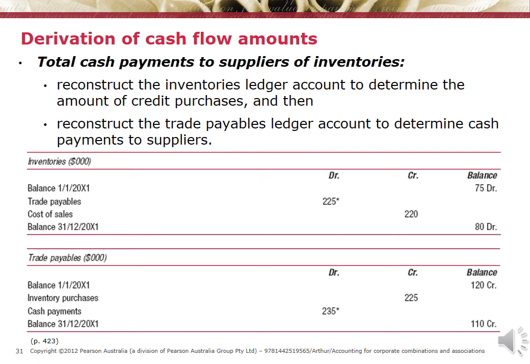So that's the process. The only time it can become a little bit more complicated, and this rarely happens in the question, is when there's a write-off of inventory because of, say, obsolescence, spoilage, or theft. But that doesn't happen too often.